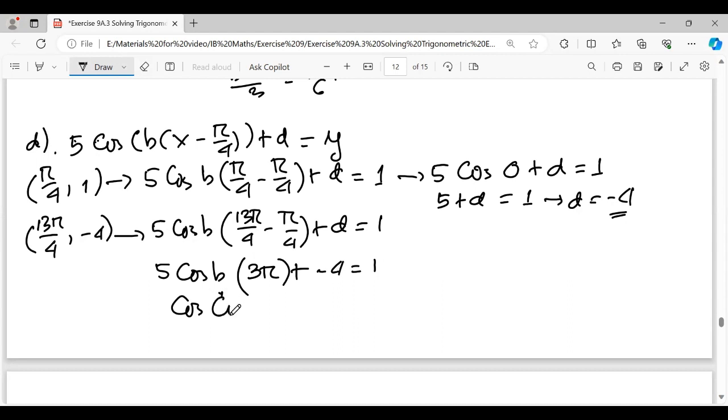So 5 cosine b 3 pi equals 5, okay, or cosine b 3 pi equals 1.